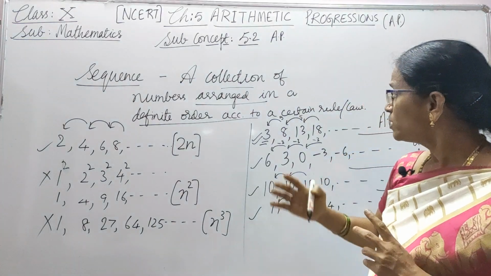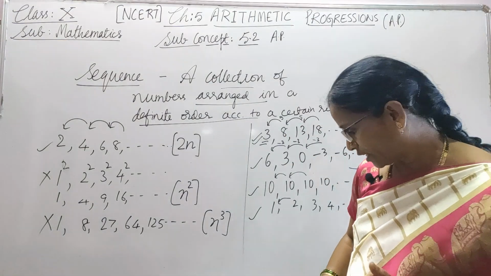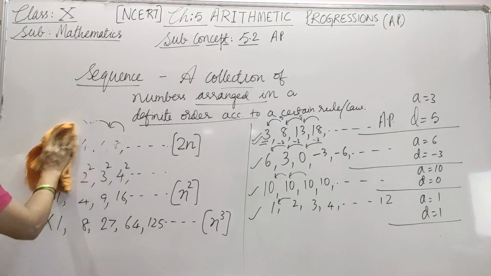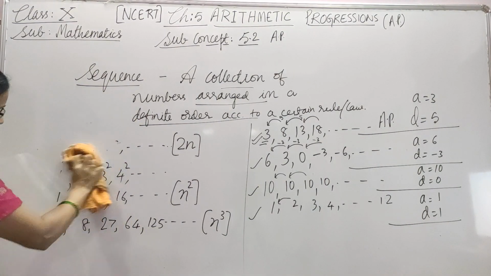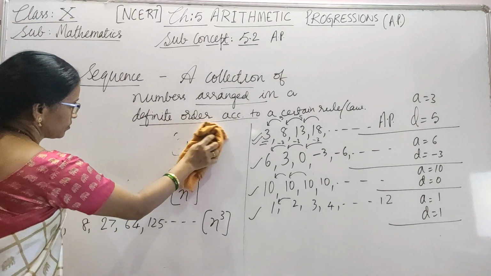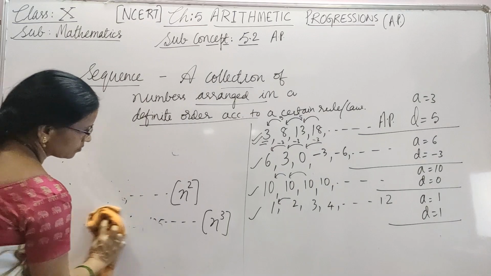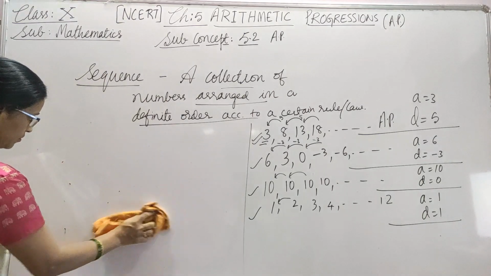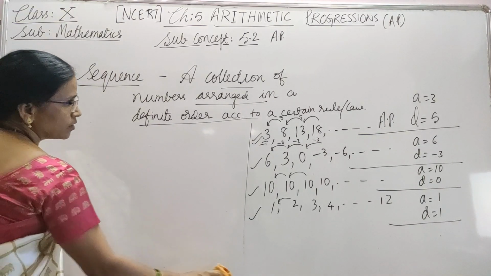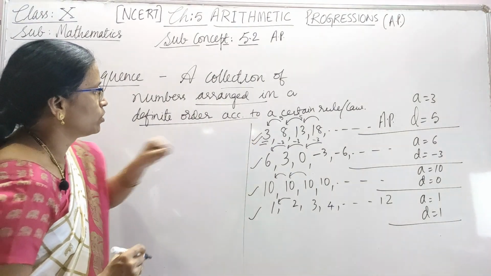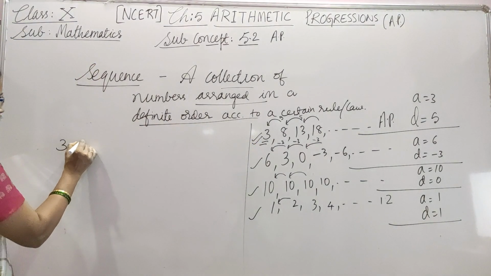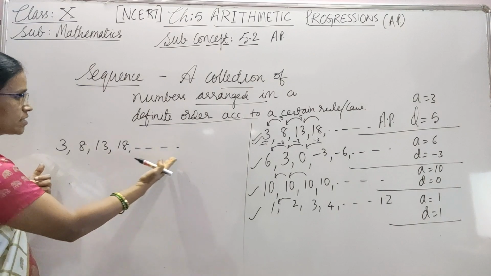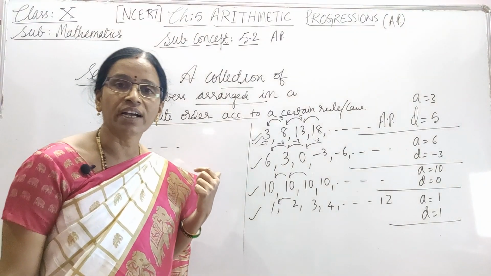So now, how do we denote the terms of the arithmetic progression? I'll tell you. Now let me take this simple AP that I have explained to you: 3, 8, 13, 18, etc. Here etc. means this is an infinite AP.